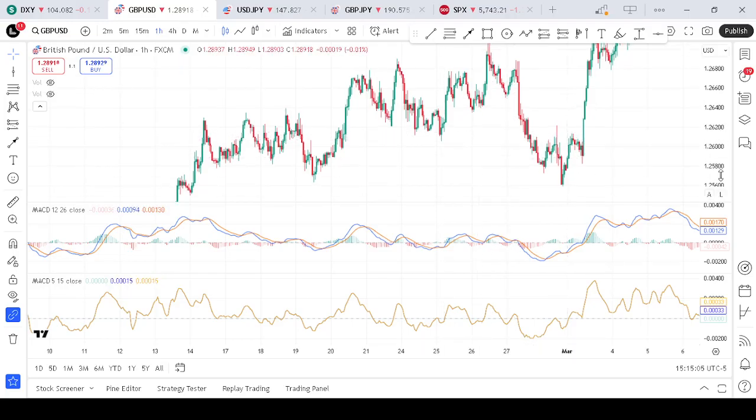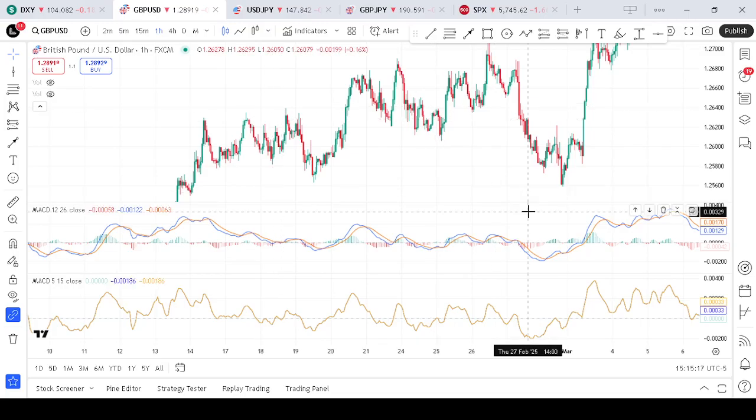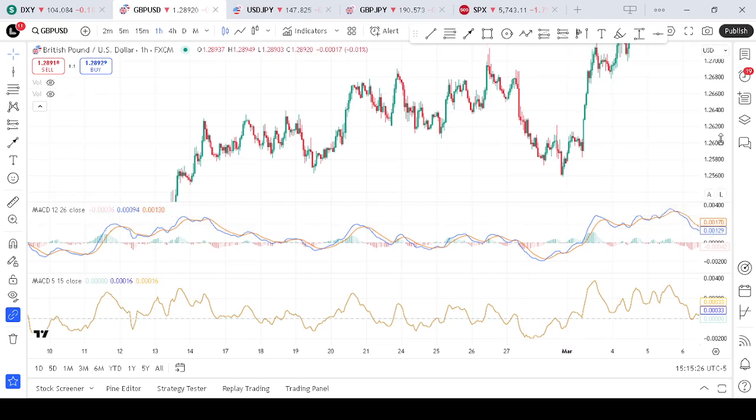While your faster MACD then becomes your precision tool for timing entries and exits. It responds more quickly to price changes, helping you catch the beginning of the moves while avoiding late entries.